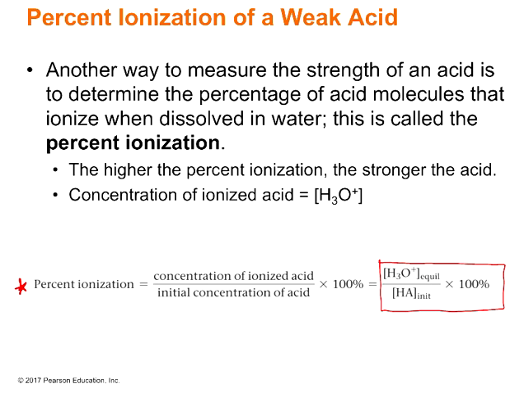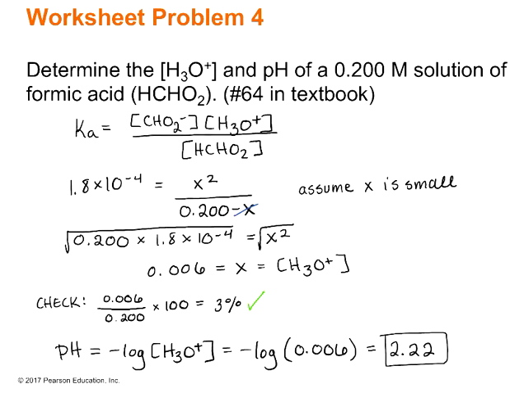And in fact, if we go back to our problem from last time, you'll notice that when we checked our assumption and whether it was valid, we did the same exact thing. We took the concentration of hydronium ions at equilibrium and then divided that by the initial concentration of acid and multiplied by 100. So you've already performed this calculation before.